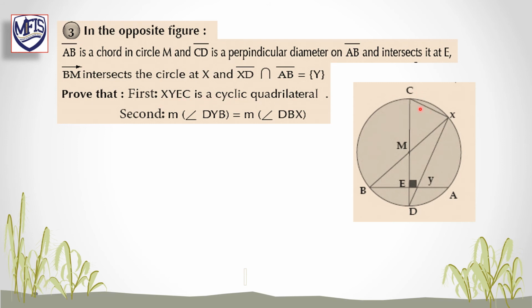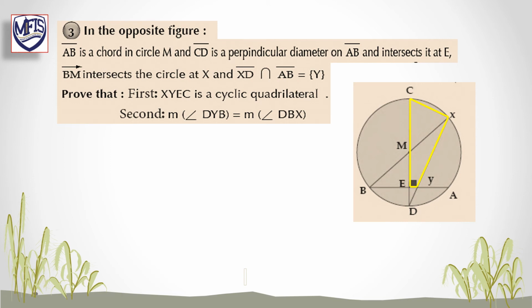Where is XYEC? This quadrilateral. Okay. Do you see the quadrilateral XYEC? Now I want to prove the yellow quadrilateral is a cyclic quad. How?